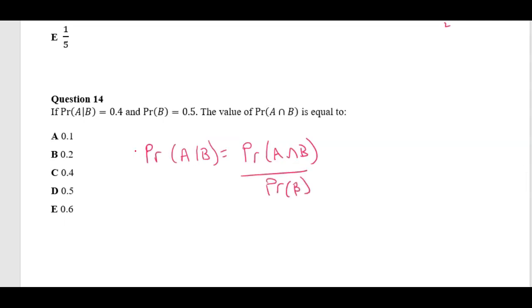All right, so A given B is 0.4. A and B is what we're looking for, so I'll just call that X, and probability of B is 0.5. So X is equal to, if I just solve this, multiply both sides by 0.5. So 0.5 times 0.4 gives you 0.2. So the correct answer for that one is B.